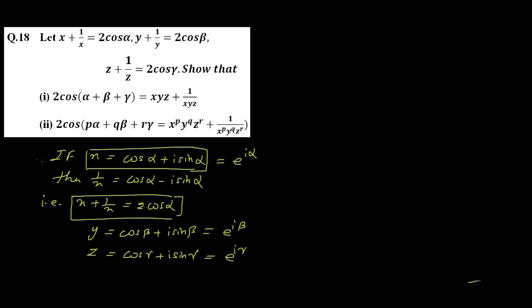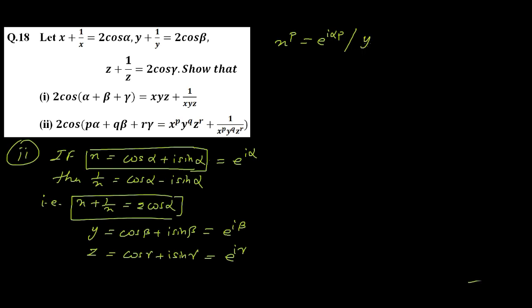Okay, see the second bit of the question. How will you solve? The first 3 to 4 steps are same here. So put the second bit, and as we have already discussed, x as cos alpha plus iota sin alpha, that is e to the power iota alpha. So can I write x to the power p is same as e to the power iota alpha p.